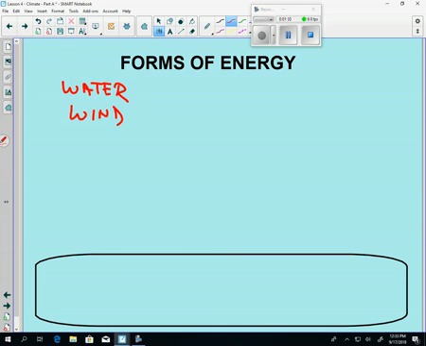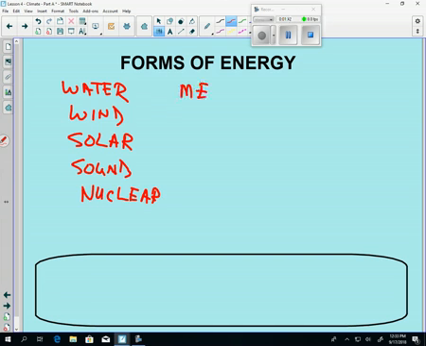What about the one that comes from the sun, that's warm today? We call that solar energy. We also have sound energy, nuclear energy, and things that help us do work, called mechanical energy.